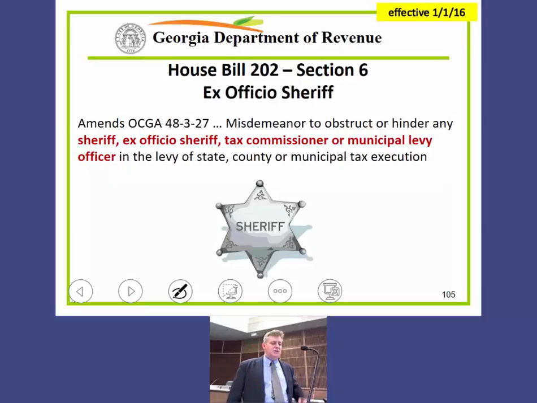House Bill 202 this past session, this code section previously read that it would be a misdemeanor to hinder or obstruct any sheriff or any levying officer. What did it say, Ellen?